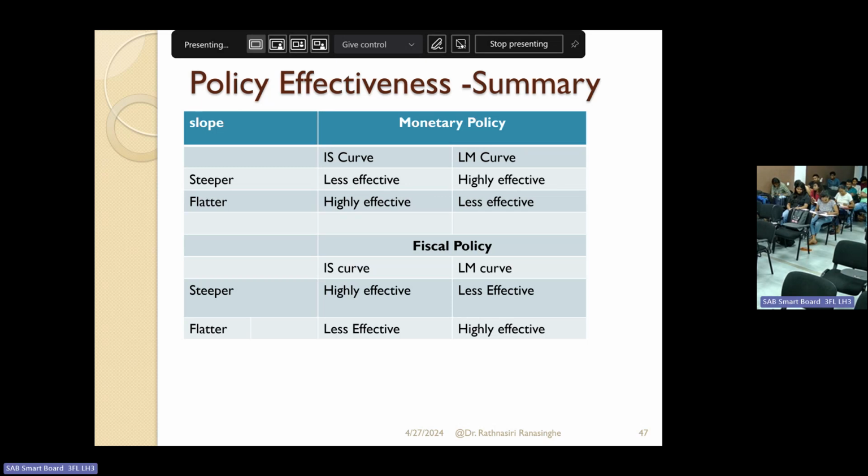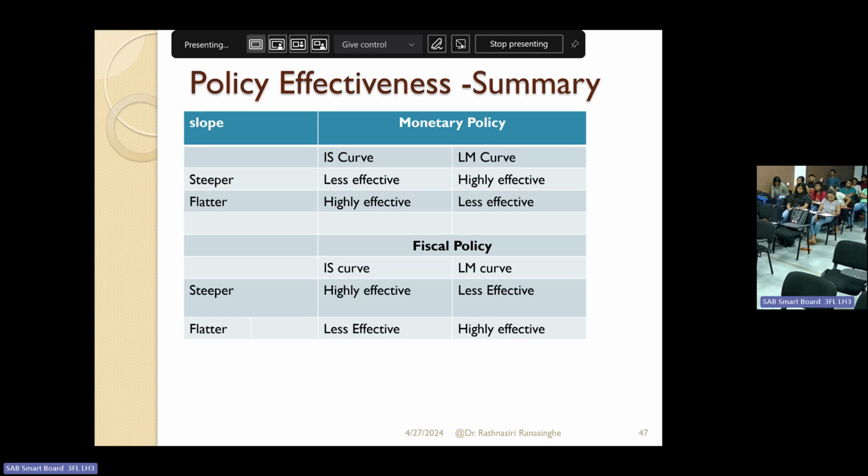Here we see more change, and income increases faster. We compare this situation; what can you see? What is the most effective one? Here, the impact on income from Y0 to Y1 is high compared to this.